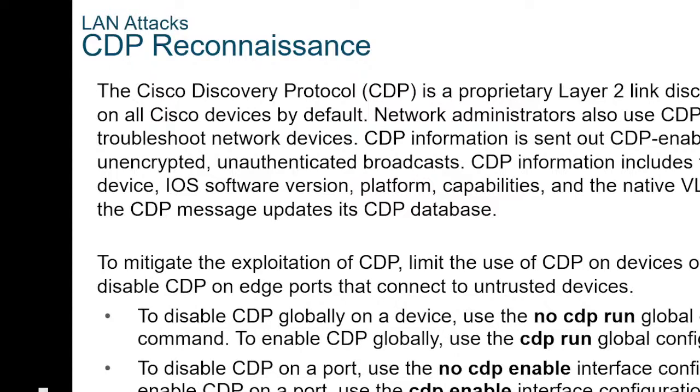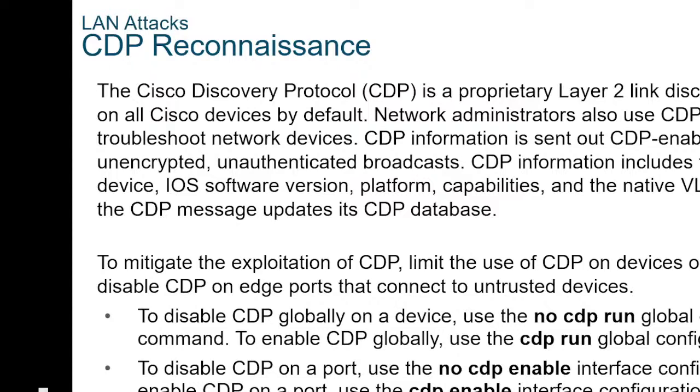When I have a Cisco Discovery Protocol enabled port, notice that this information gets sent out in periodic, unencrypted, unauthenticated broadcasts. So if I have a device that is able to intercept this information, I can find out about the status of my network.